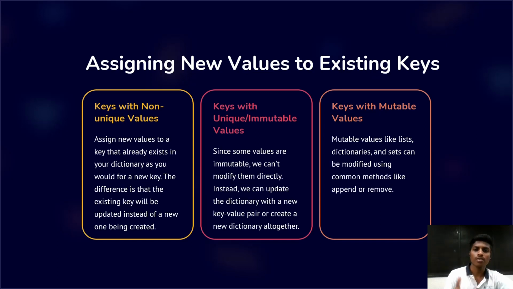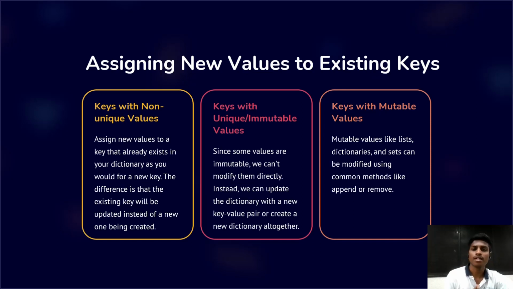So the keys with unique and immutable values. Since some values are immutable, we cannot modify them directly. Instead, we can update the dictionary with a new key-value pair or create a new dictionary altogether. Because it is immutable, it cannot be modified directly. We must modify it indirectly.